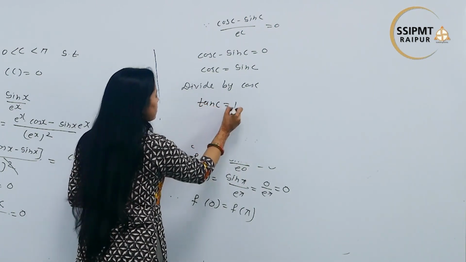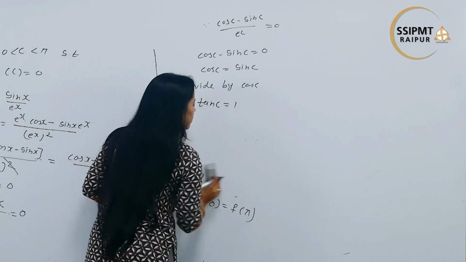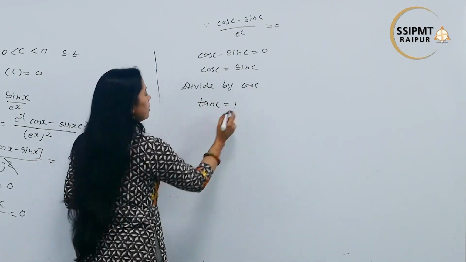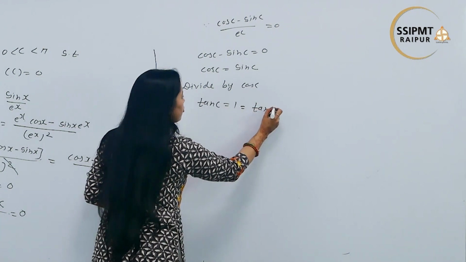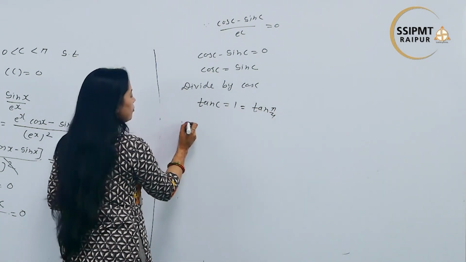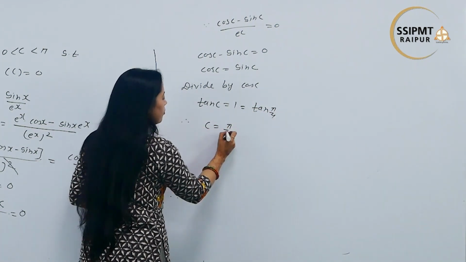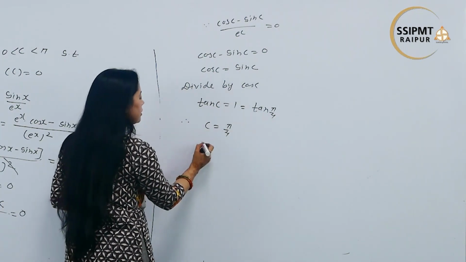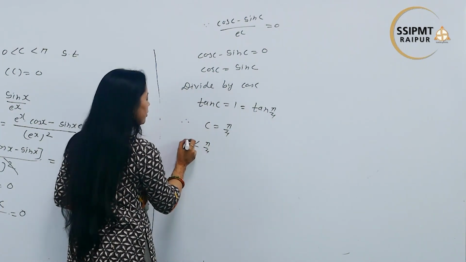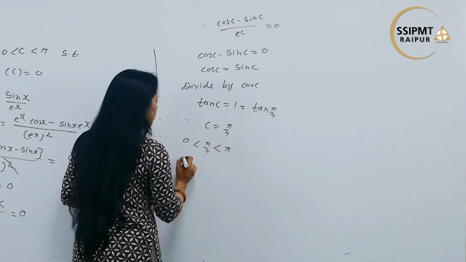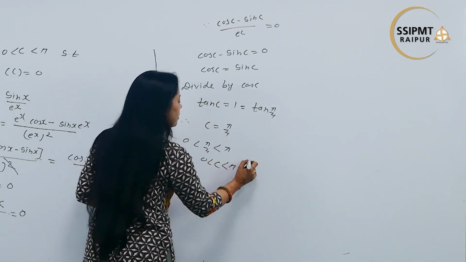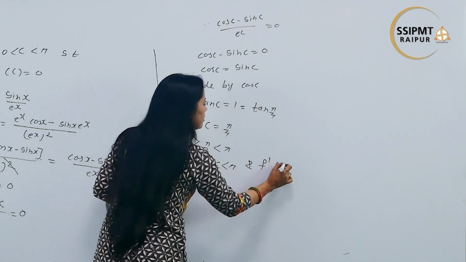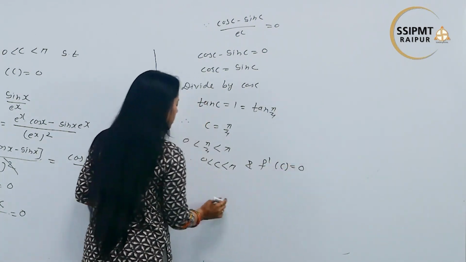tan c is equal to 1, and in the range 0 to pi the value for which tan is 1 is pi by 4. Therefore c is equal to pi by 4, and we can see that pi by 4 is lying between 0 and pi. That means c is between 0 and pi, and f'(c) is equal to 0.